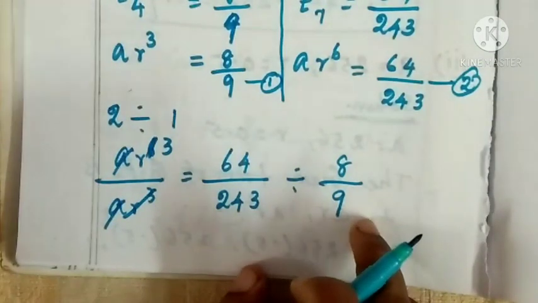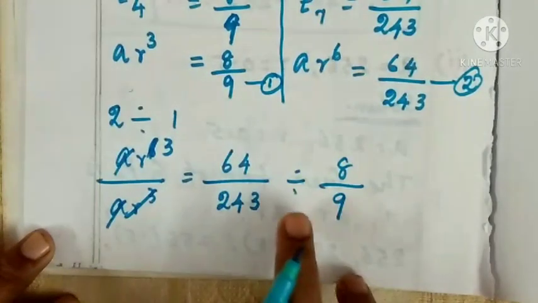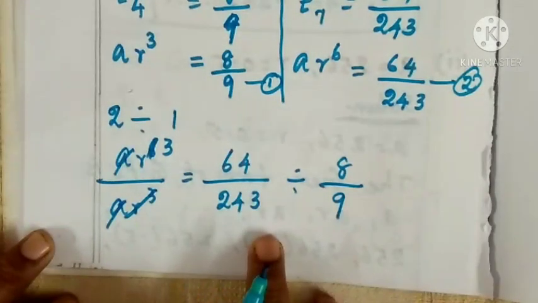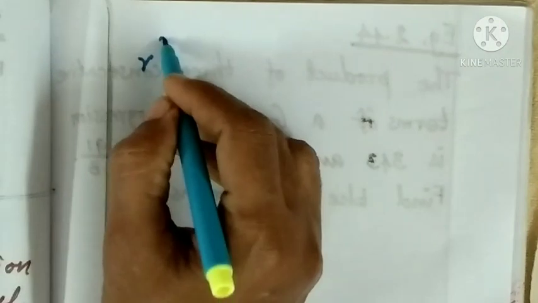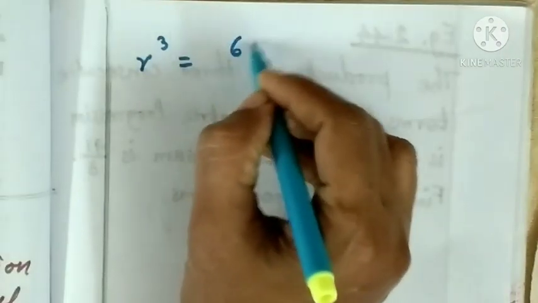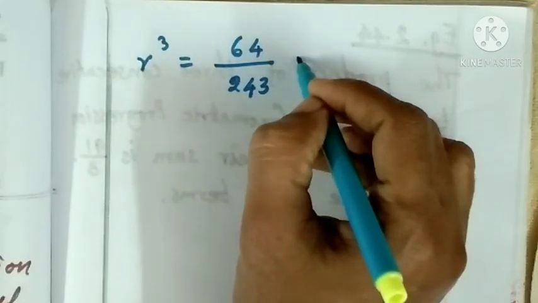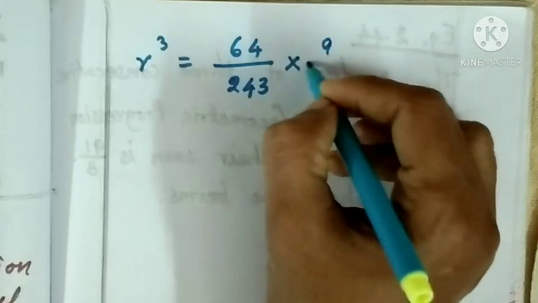Now you have to simplify this fraction. It is in division form, so you have to change this in multiplication form. That is R cube is equal to 64 by 243 into the reciprocal of 8 by 9 is 9 by 8.